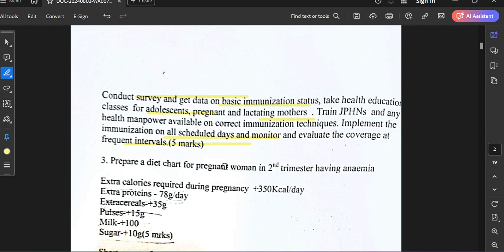For conducting the survey, if you are the medical officer, in the second survey you can enhance the number of people by training all the medical staff associated with the primary health center to evaluate this condition. In this way, the survey can be conducted very easily 2 to 3 times in a year.